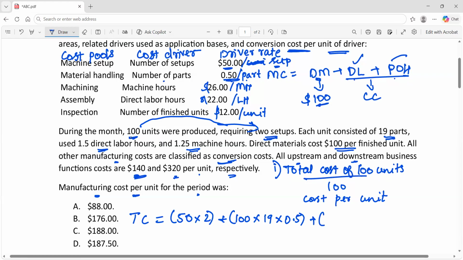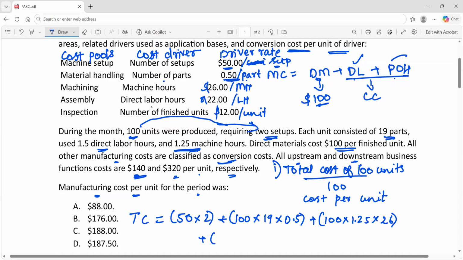Totally we produce 100 units. Each unit required 1.25 machine hours. So 100 into 1.25. So totally, our machines worked for 125 hours, and the cost per machine hour is $26, so 125 into 26, plus.